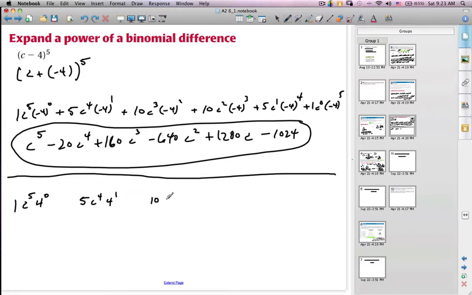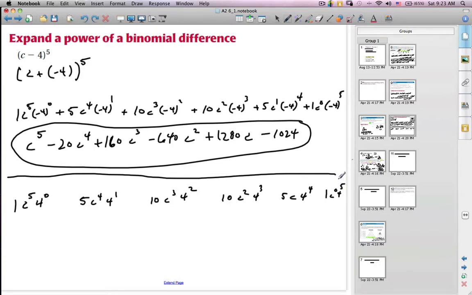Then I'm going to do 10 c to the third, 4 squared. And then 10 c squared, 4 to the third, and 5 c to the first, 4 to the fourth, and then 1, c to the 0, 4 to the 5th.